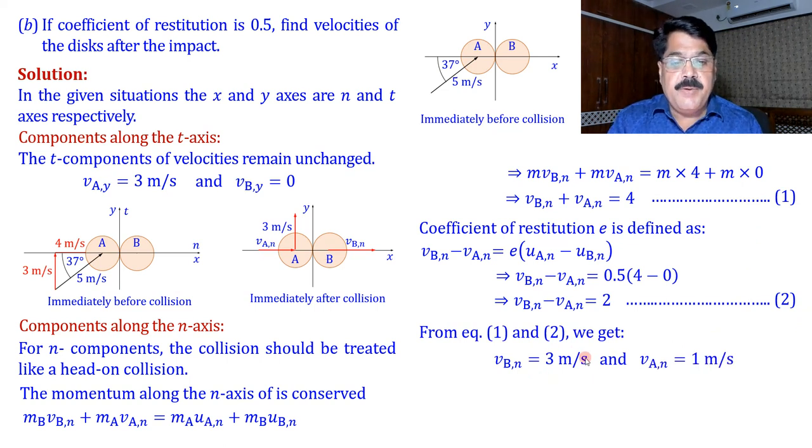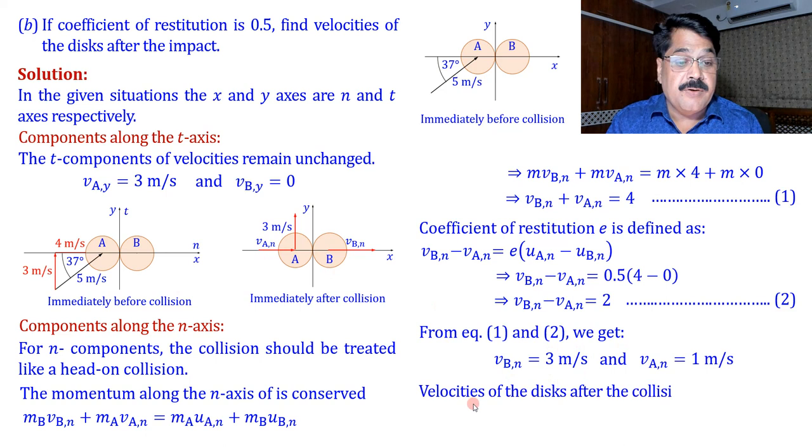So we have explored the complete answer to the problem: velocities of the disk after the collision. Because the n-axis is the x-axis and the t-axis is the y-axis, we can express the answer in terms of i cap and j cap notations. So Va vector will be i cap plus 3j cap meter per second, because it is 1.